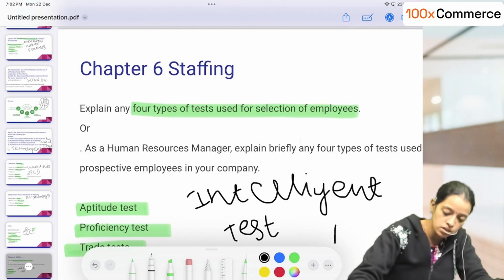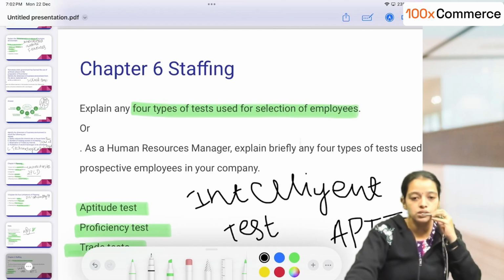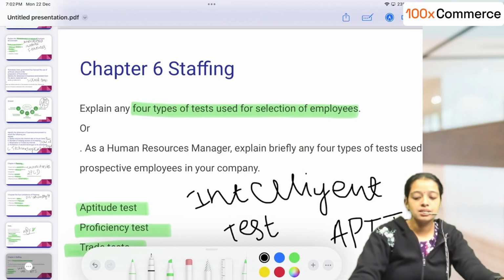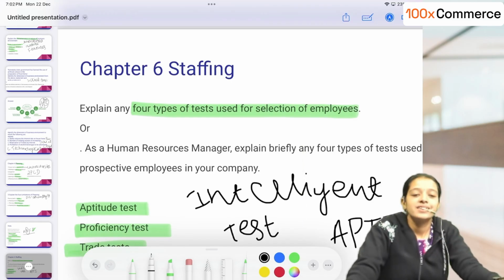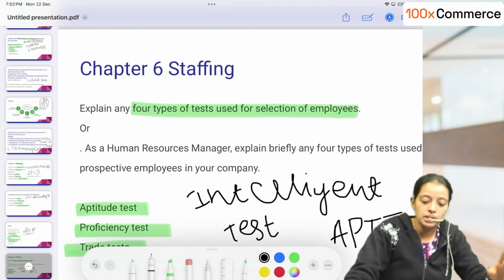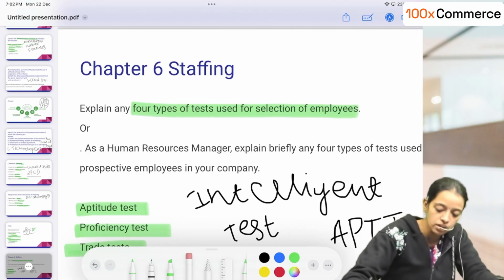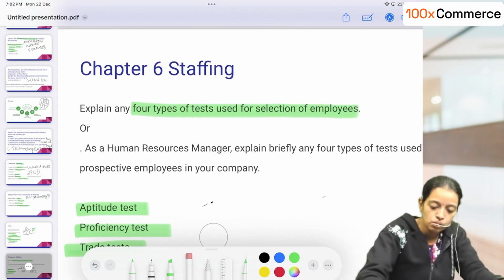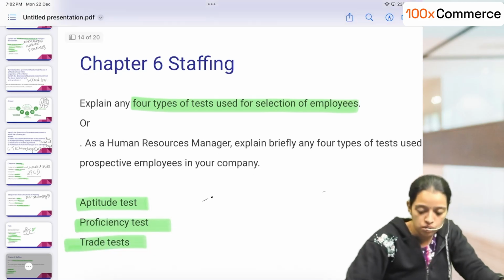I would suggest you to write this because it is easy to remember: APIT. A stands for aptitude test, P stands for proficiency test, T stands for trade test, and I stands for intelligence test. These are the things that you have to mention and explain in the given answer. Quickly we'll go to the next question now.